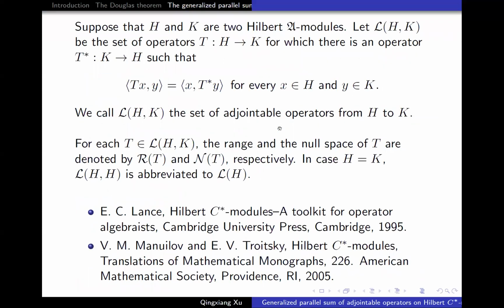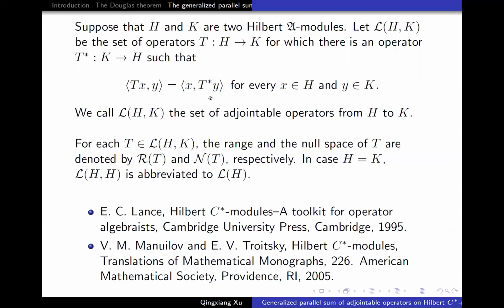Suppose H and K are two Hilbert modules, and T is an operator from H to K, and if there is another operator, denoted by T star, from K to H, such that this well-known equality is satisfied for all X and Y, then we call T adjointable, and this T star is called its adjoint operator.